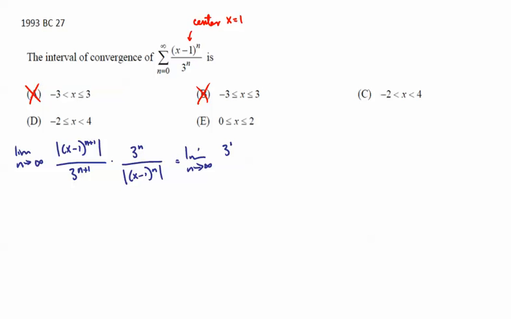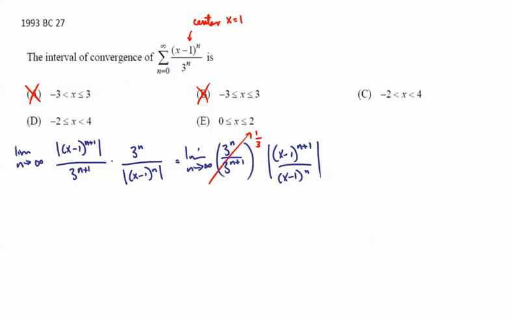We have 3 to the n over 3 to the n plus 1, and that is going to give us 1/3, and absolute value x minus 1 to the n plus 1 over x minus 1 to the nth.